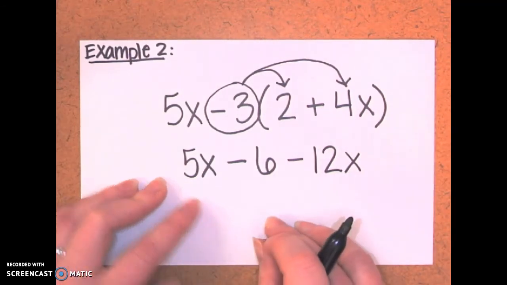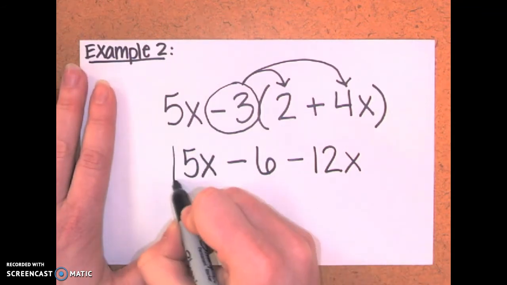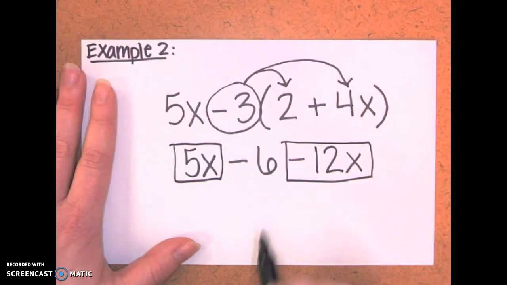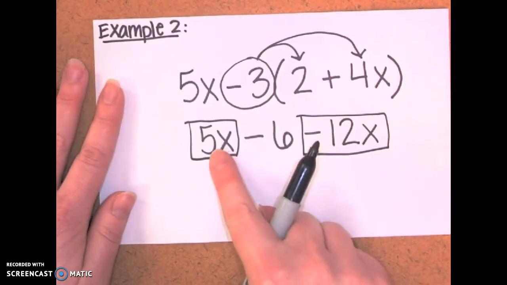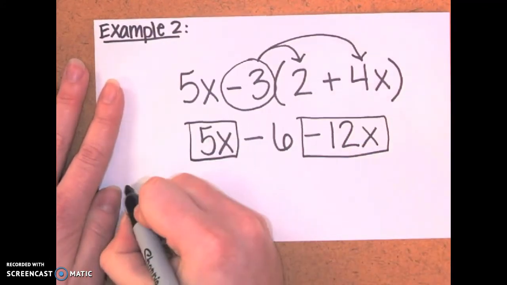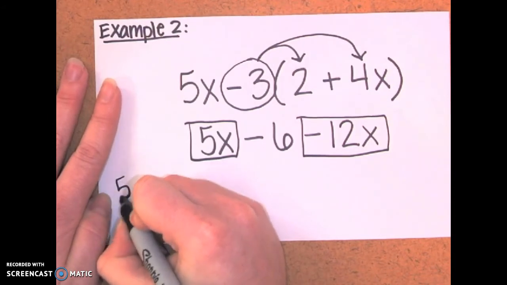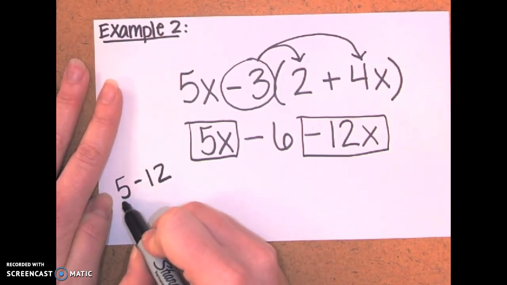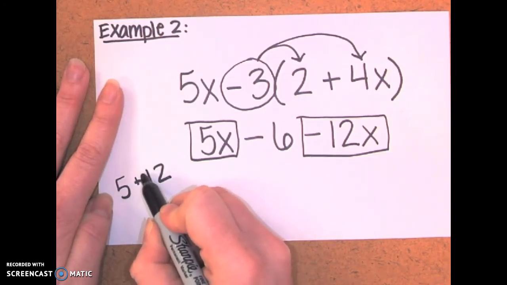Okay, now you can combine your like terms. So I can put this with this. Okay, so that's like 5 minus 12. Okay, so 5 minus 12. Remember subtraction, we have to do keep, change, change. So keep, change, change.